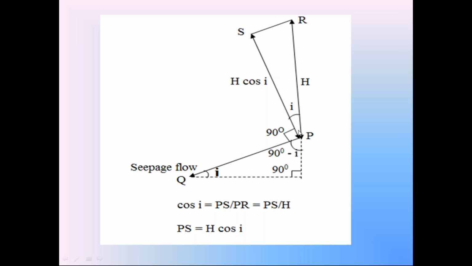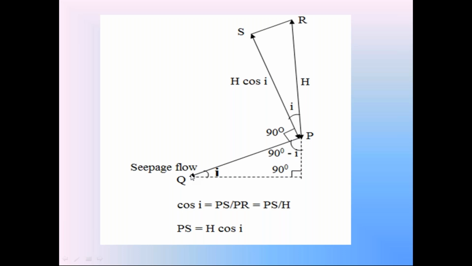Cos i is equal to the side PS divided by the side PR, because cos i is equal to adjacent side by hypotenuse. PR is equal to H. So this length PS is equal to H cos i. This PS is the height of the soil prism perpendicular to direction of seepage flow.